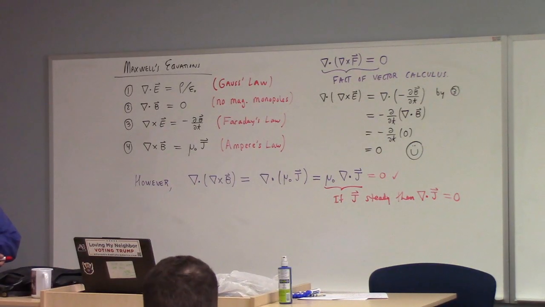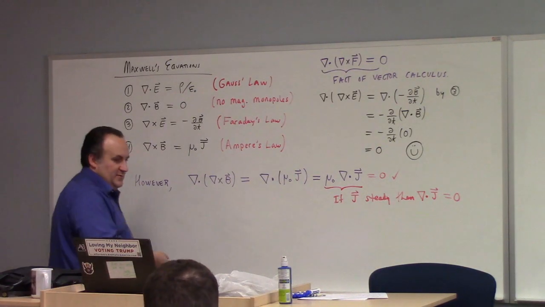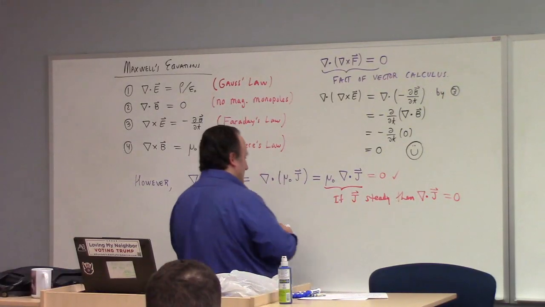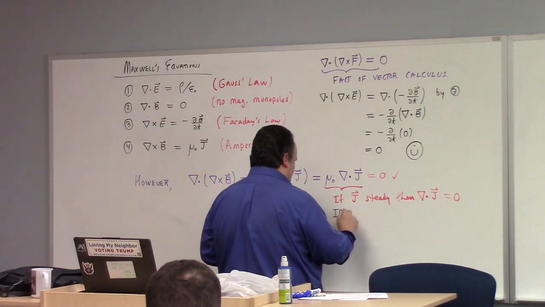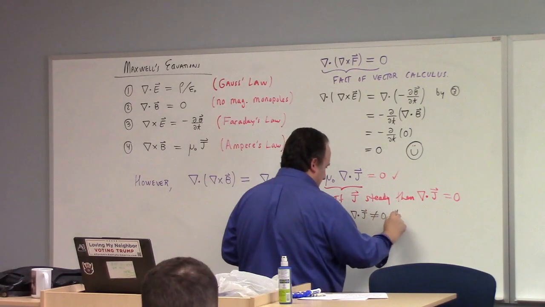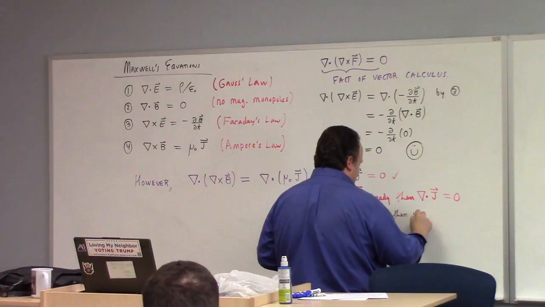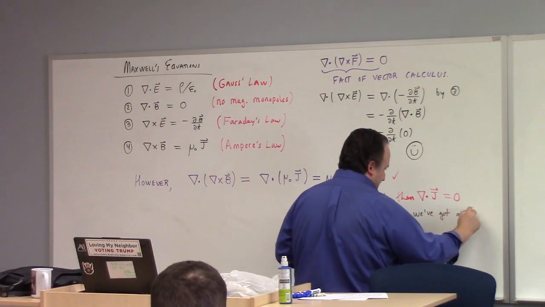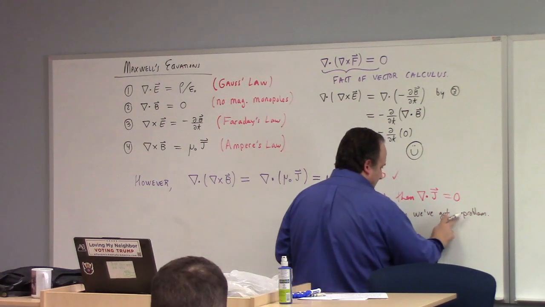But what if the current density is not steady? Then if the divergence is not equal to 0, we've got a problem. Can we fix it?